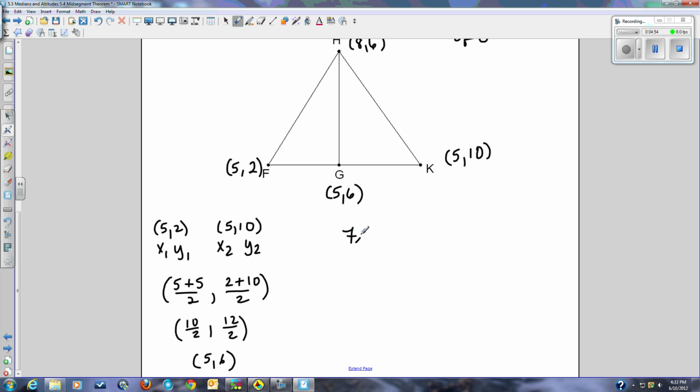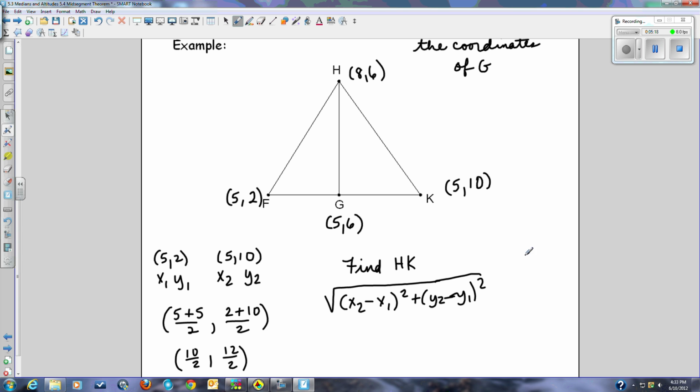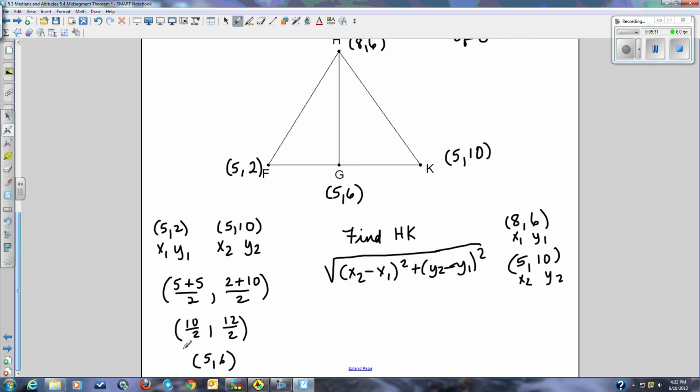Now the other thing I want us to do is find the length of HK. So we're going to use our distance formula, x2 minus x1 squared plus y2 minus y1 squared. Our points for the endpoints of the segment HK are 8, 6 and 5, 10. Again, we label them x1, y1, x2, y2, and plug them into our formula.